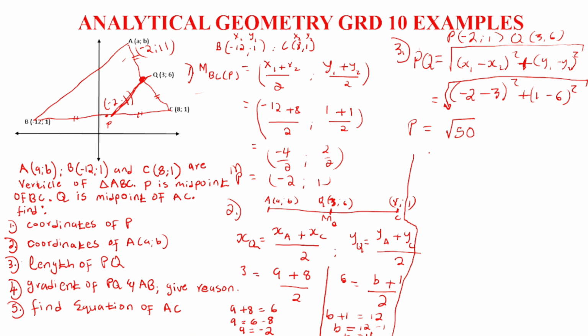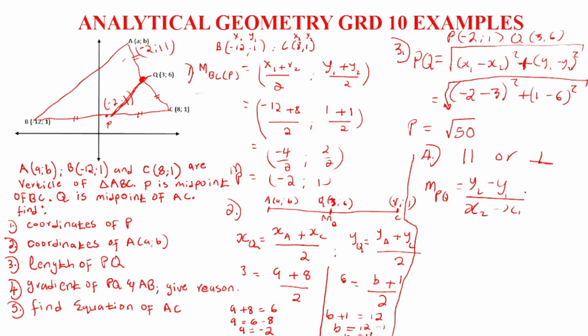Question number 4 rather. They said find the gradient of PQ and the gradient of AB, then give a reason. Okay, so we know that gradient is related to parallel or perpendicular. So I think this is what they're asking us to give here. So the gradient of PQ would be given by y2 minus y1 all over x2 minus x1.